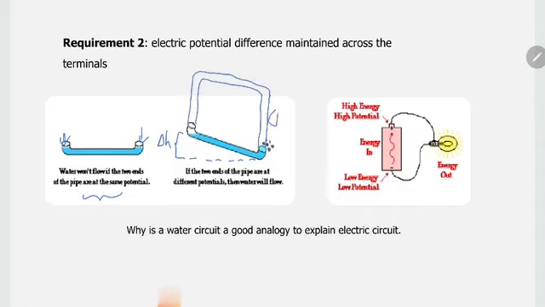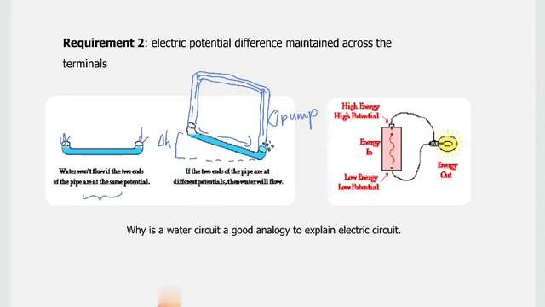And then here, let's say you have a pump. You need a pump because you're going from low potential to high potential. You want to lift your water. And then of course, as it reaches this point, it's automatic. From high to low. So due to the potential difference, the water can go down. And then the pump will provide the energy for it to go up and down and so on and so on. So you have a water circuit here.